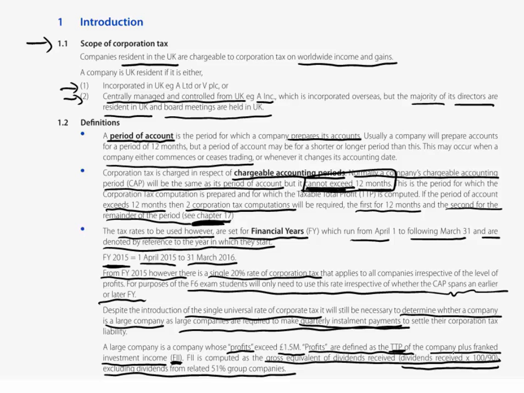But as we've seen in our example beneath, it is where the company has related 51% group companies. These are group companies, related 51% group companies.